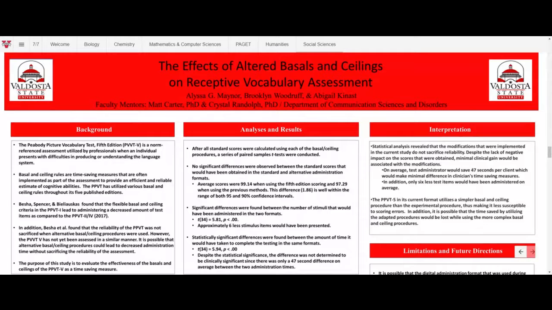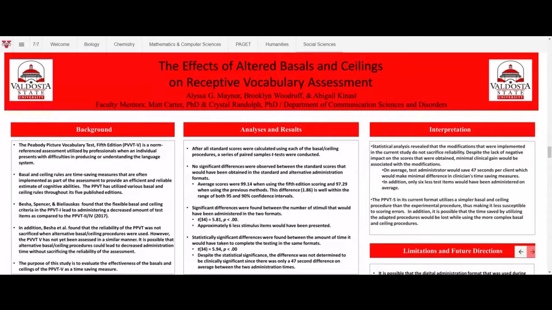I sure can. Okay. The purpose of the Peabody Picture Vocabulary Test is to measure one's receptive vocabulary, which is every concept that exists within the brain's cognitive representations. If a child scores low on this, that can indicate a possible language disorder, which would require further assessments.